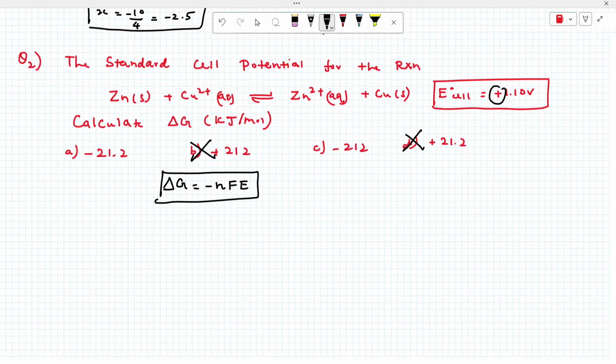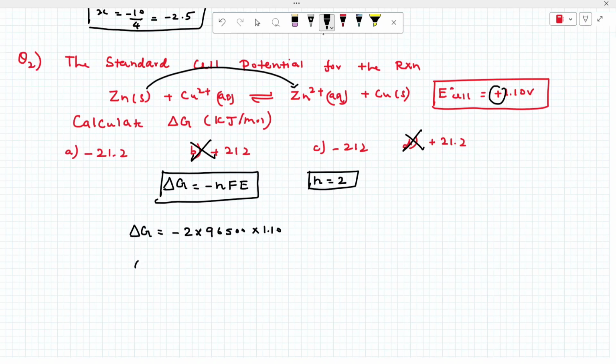Simple formula. What is the n value here? The n value is 2, right? 2 electrons transferred, because zinc becomes 2 plus. Therefore, delta G is equal to minus 2 into 96500 into 1.10, which is minus 212,300.